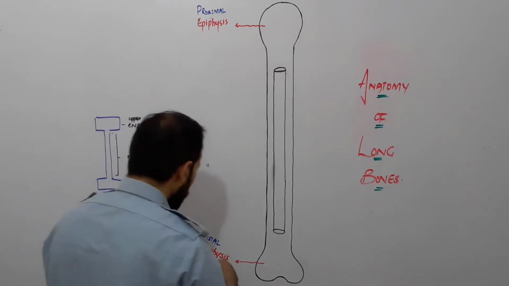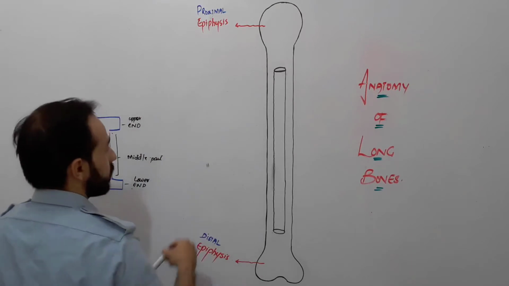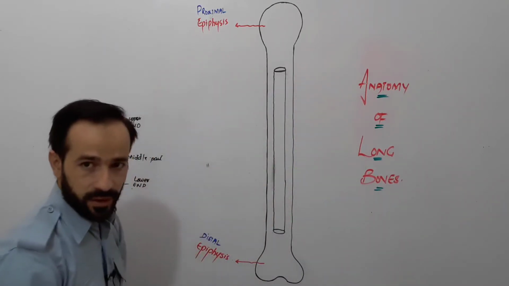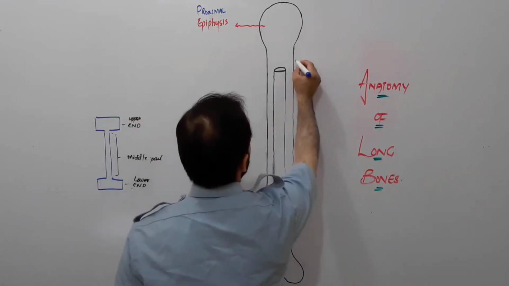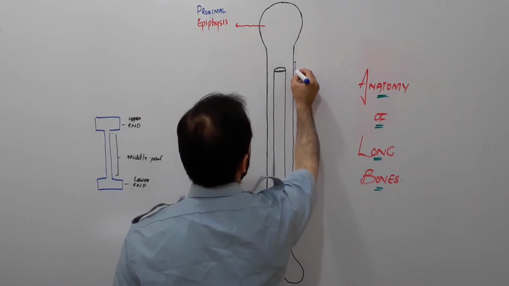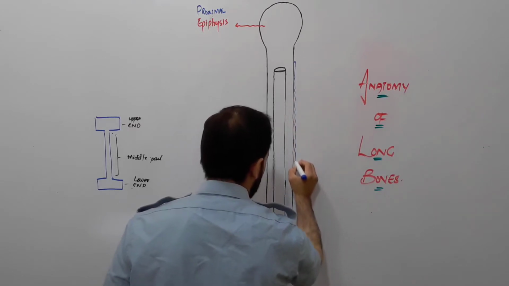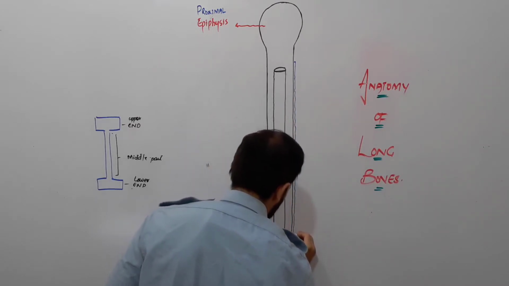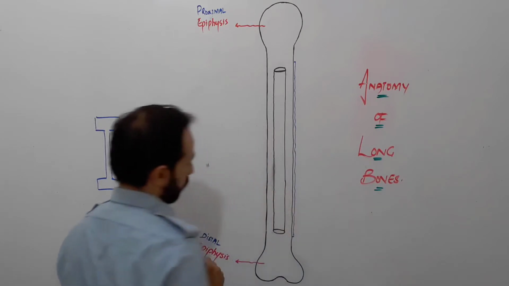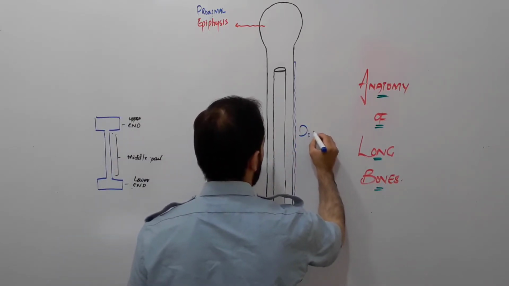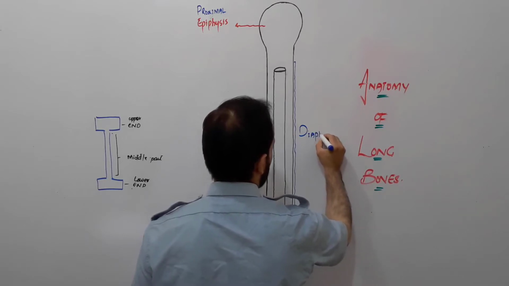Next, in between the two epiphyses we have this shaft, or this diaphysis, right? So let me make it clear that this part of the bone which is compact, which is made up of hard bone, is called the diaphysis.